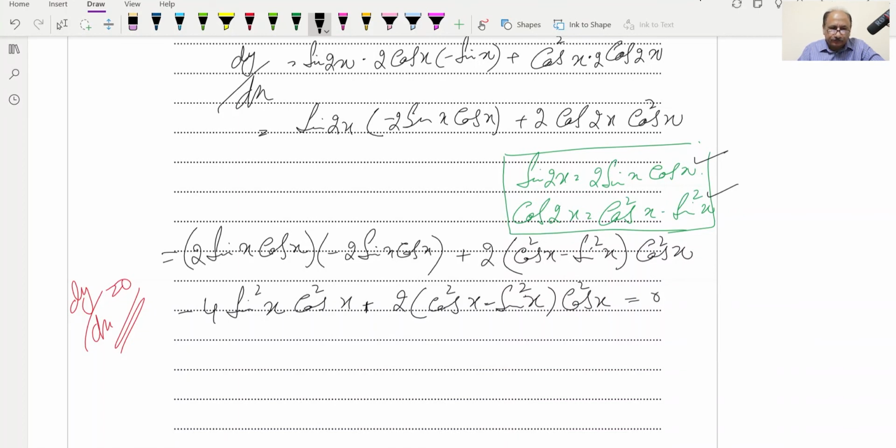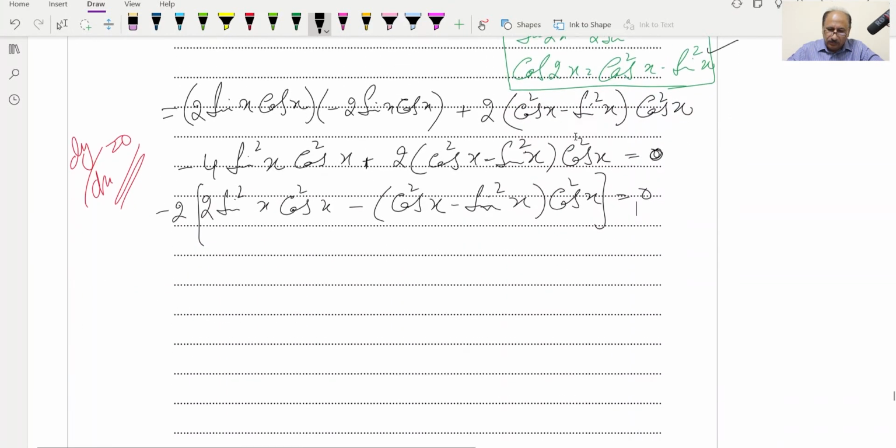Now we can rewrite this equation, and minus 2 basically we can take common and send to the other side, which is 0, so it will be 0. So minus 2, if we are taking common, inside will be 2 sine square x cos square x, minus cos square x minus sine square x, into cos square x, equal to 0.